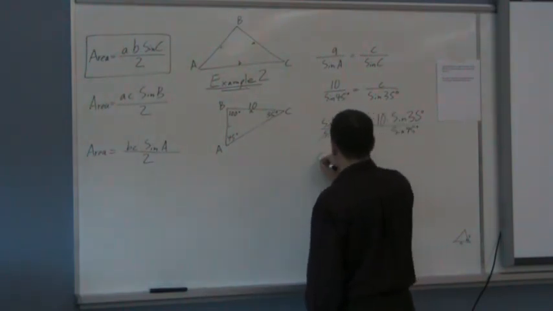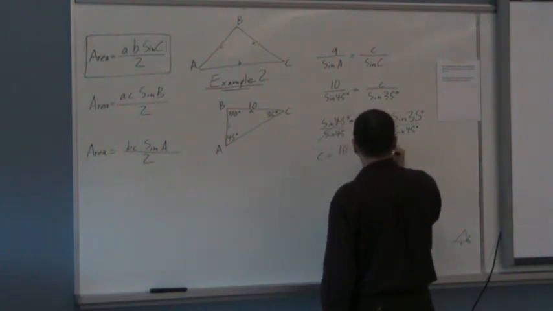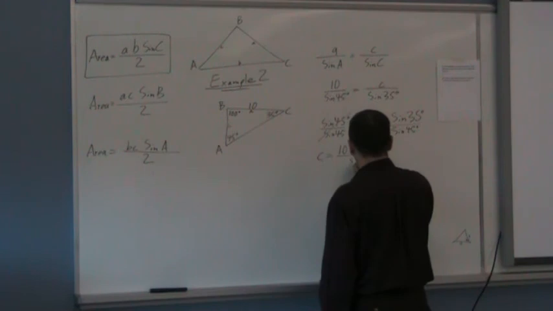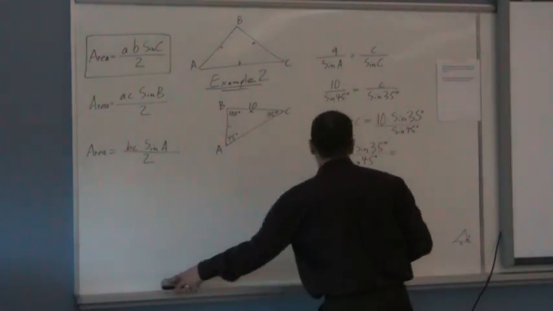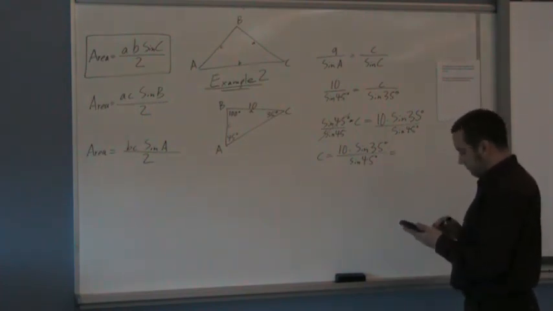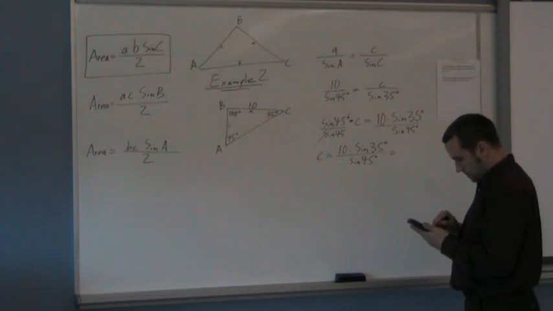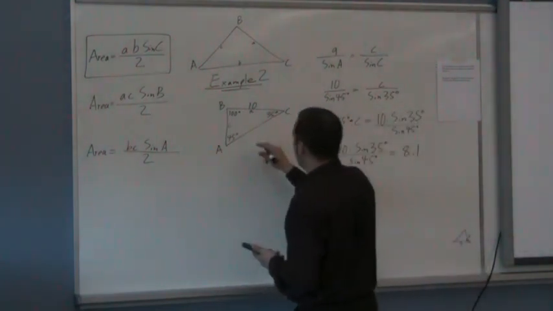These cancel out, and I get that C is equal to 10 times the sine of 35 degrees divided by the sine of 45 degrees. I plug that into my calculator. I get 8.1. So we fill that in.